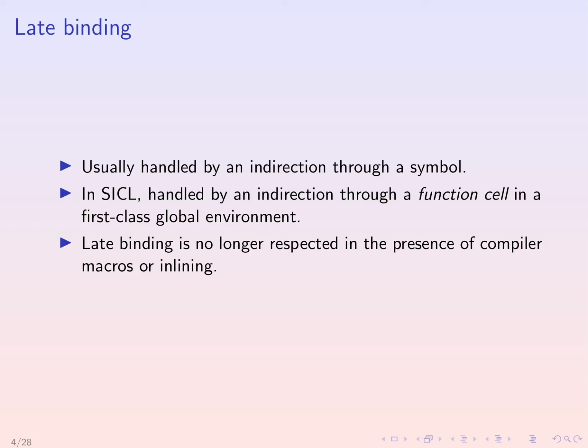In SICL, it's also handled by an indirection, though not through the symbol, but through a function cell in a first-class global environment. Late binding is no longer respected when there's a compiler macro or inlining. The specific reason for compiler macros and inlining is to avoid the cost of these calls, but the price to pay is that late binding is no longer respected.